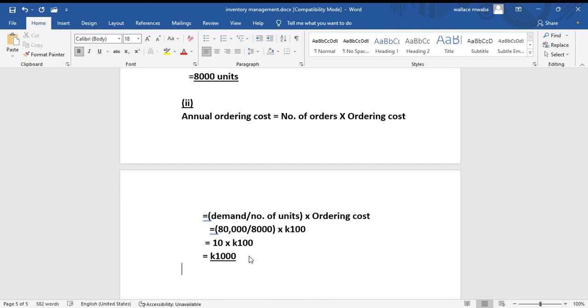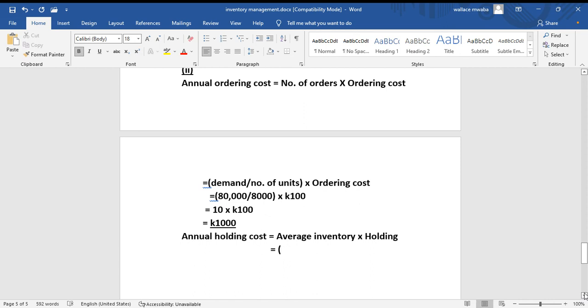Then for the annual holding costs, it's the average inventory times the holding cost. To get our average inventory, it's the amount of inventory that we order, which in this case is 8,000, divided by 2.